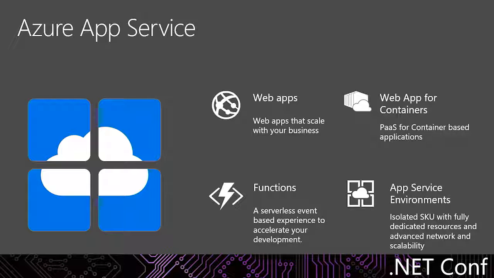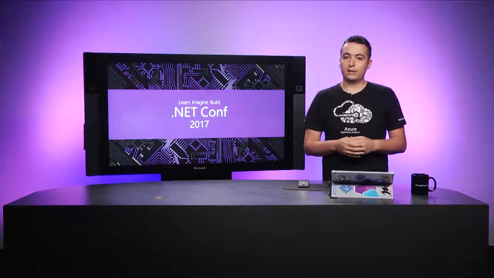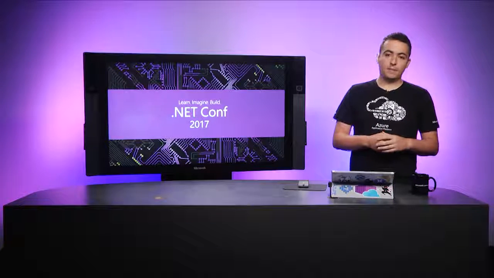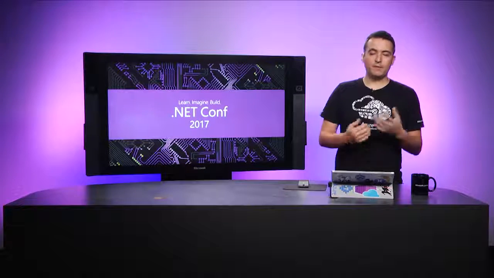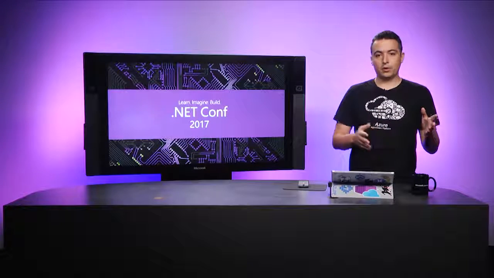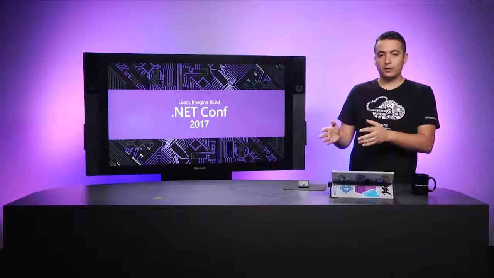The next thing that I want to talk about is Web App for Containers. And this is basically the Linux family of offerings that we have in App Service. This was something that was announced last week as a GA product. And it basically gives you that similar traditional web app feel that you might already be used to, but now hosted on a Linux machine.